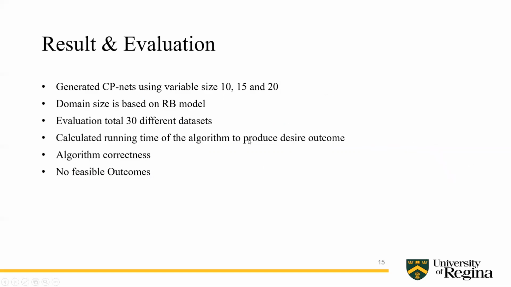So something like that. And we have evaluated the result on CPNets where the variable size was 10, 15, and 20. We have run random instances and tested which algorithm gives us the result faster.